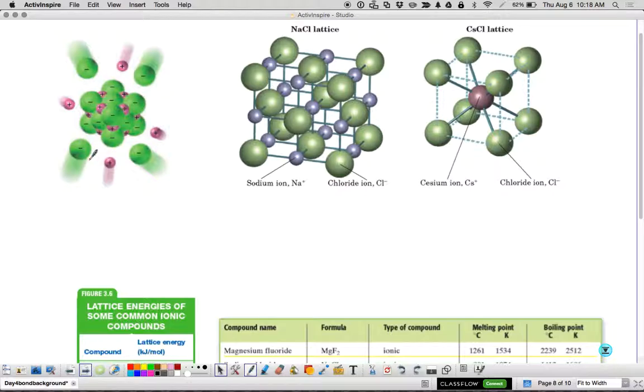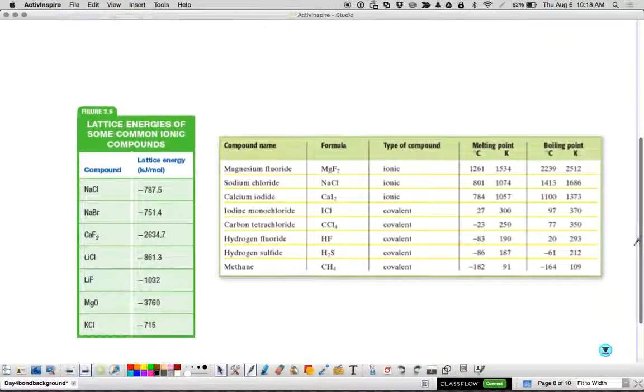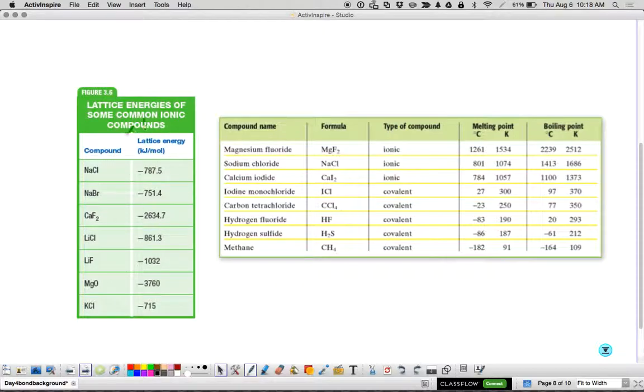Okay, so when 1 mole of all these ions come together, they become more stable, so they release a bunch of energy because you have to have conservation of energy. So, for example, lattice energy of sodium chloride, it releases negative 787.5 kilojoules per mole. That's a huge number, okay? Which means that sodium chloride is actually very stable.